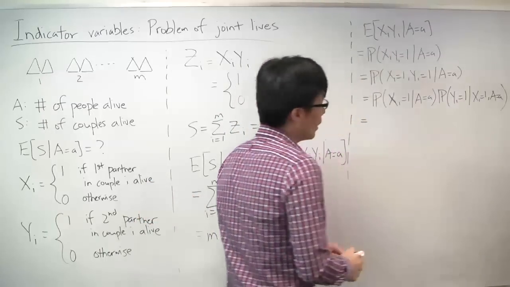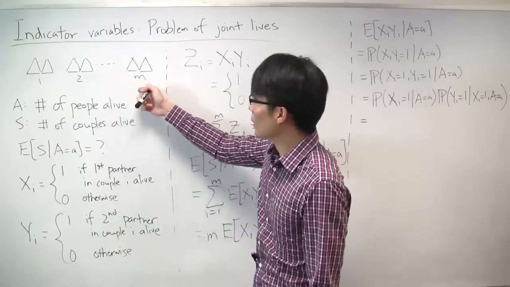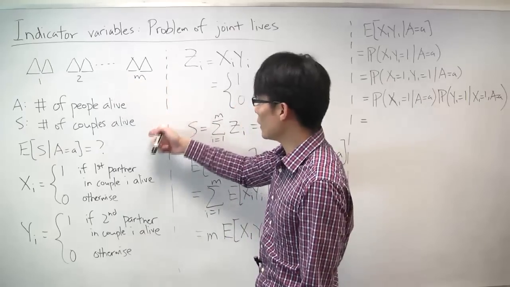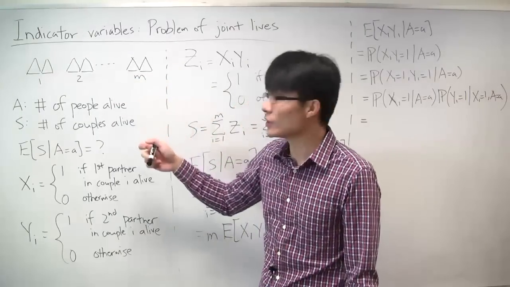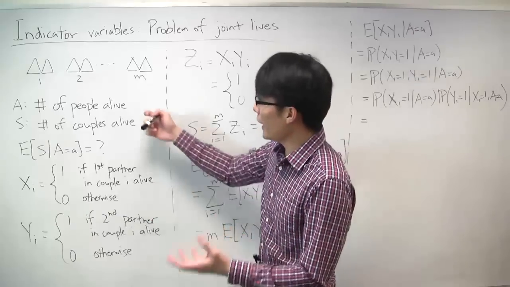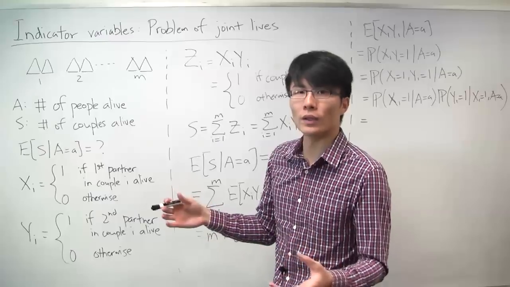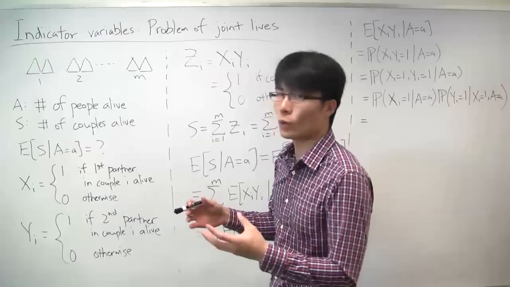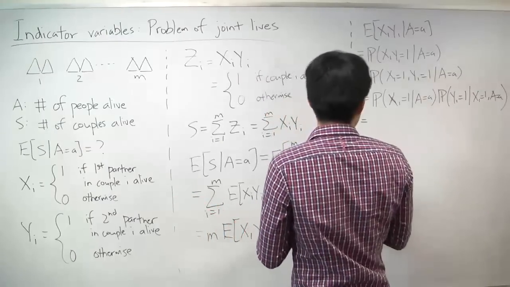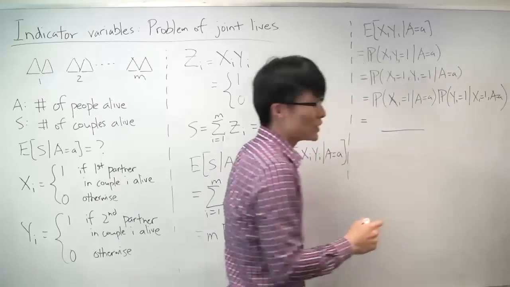Well, because of the symmetry, if we know that there are a people left, then any set of a people out of the original 2m is equally likely to be the a who are still alive. So now, how many ways can we choose that?